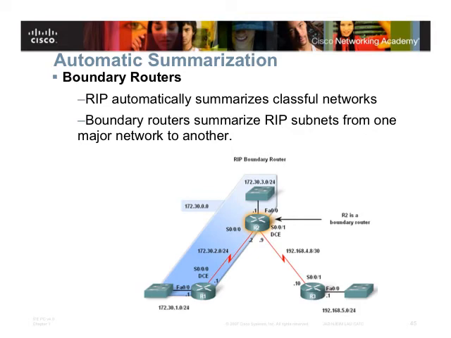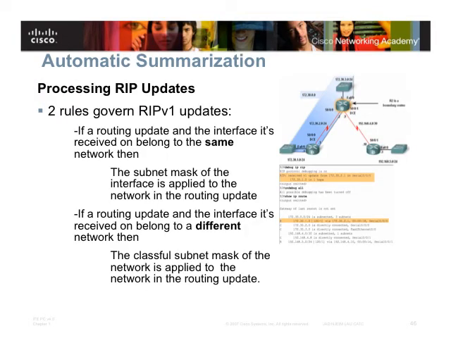Okay? So to see how the different routers in fact perform this automatic summarization, we said that router 2 will have to have in the routing entries all the three subnets, right? When it sends an update to router 3, only then it will send one route entry, which is 172.30.0.0.